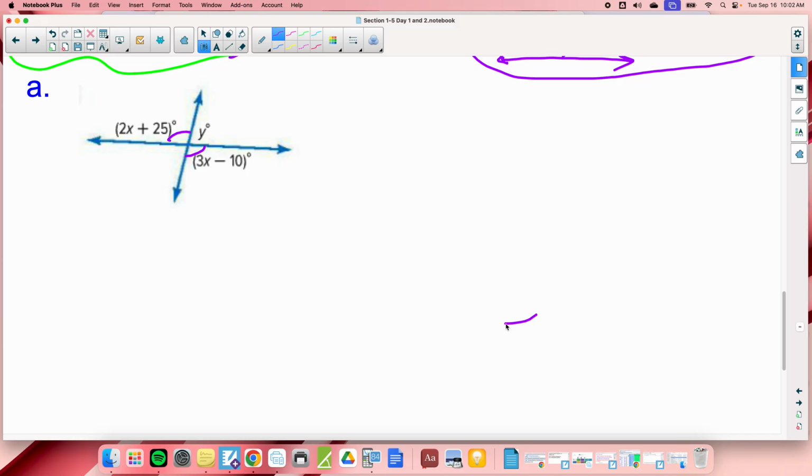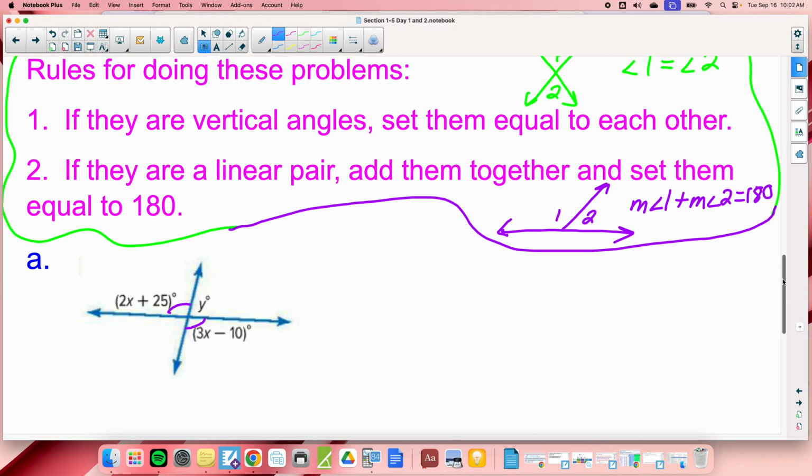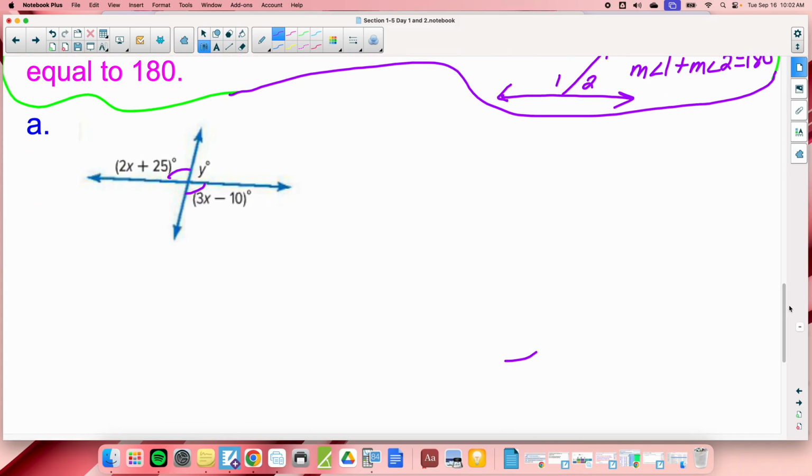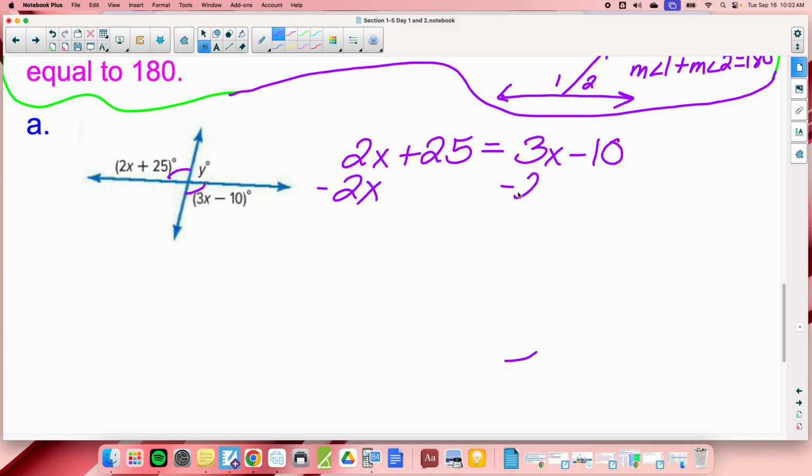So if you looked back at what you guys wrote, it says if they are vertical, set them equal to each other. So what we would do is we'd go 2x plus 25 equals 3x minus 10 and we would solve that, okay? Now when we do this, I would bring my 2x over to my 3x just because I'd rather not have a negative.